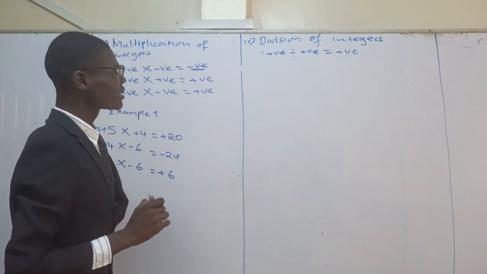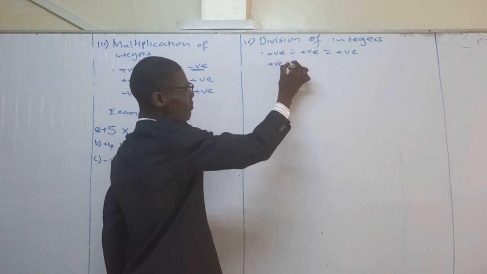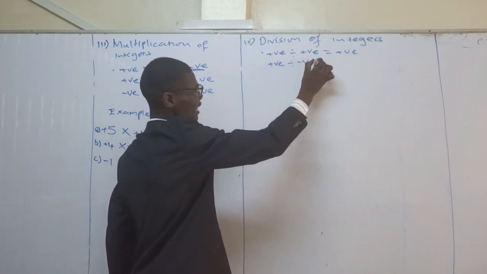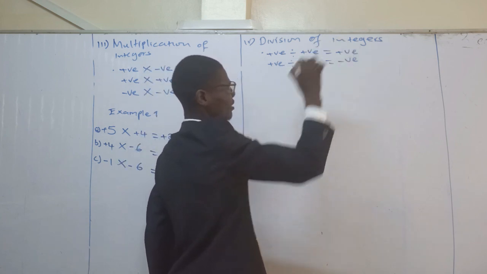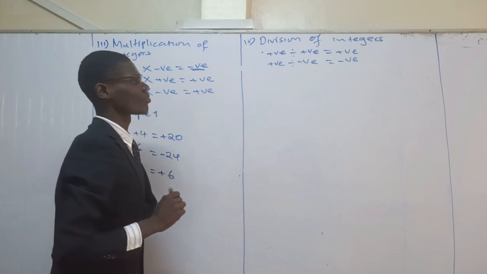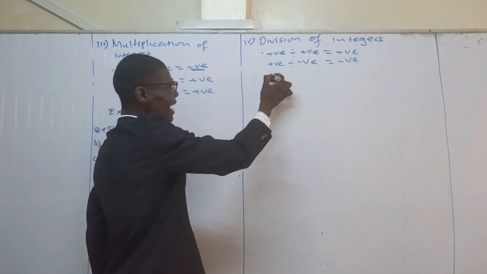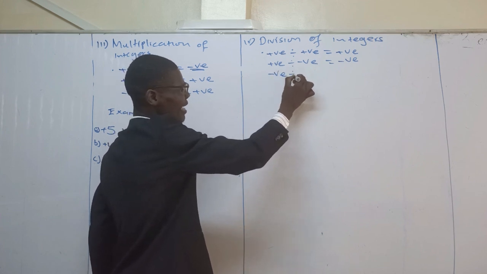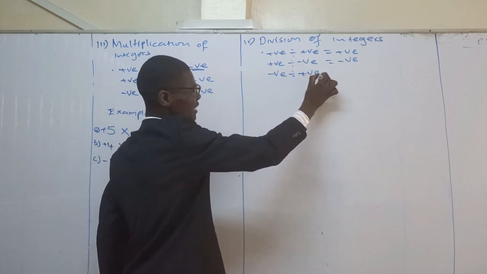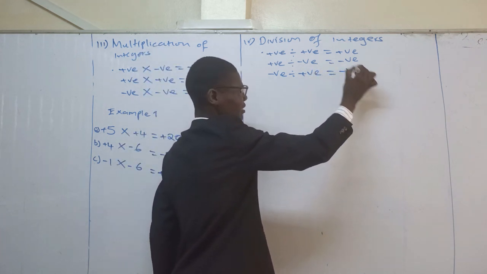The second one, when I divide a positive integer by a negative integer, I get a negative integer. The third one, when I divide a negative integer by a positive integer, I get a negative integer.